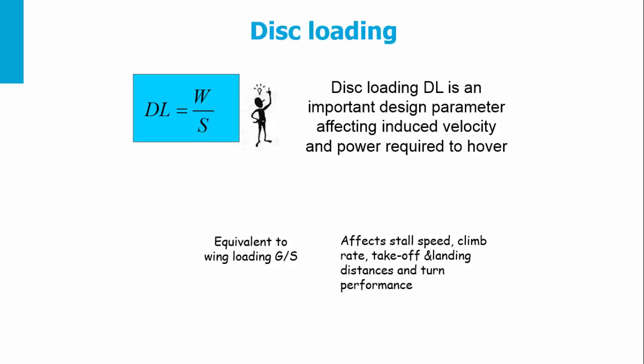It is equivalent to the wing loading that you have learned in the previous years. You also learned that wing loading affects the stall speed, the climb rate, the takeoff and landing distances, and turn performance. For a helicopter, the disk loading affects the hover capabilities and the power required to hover.